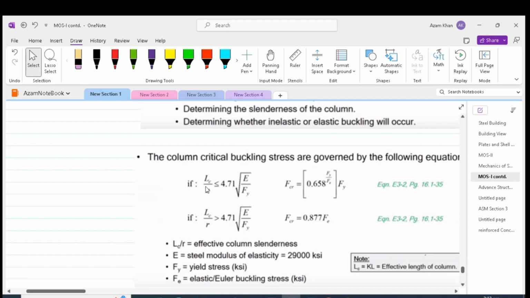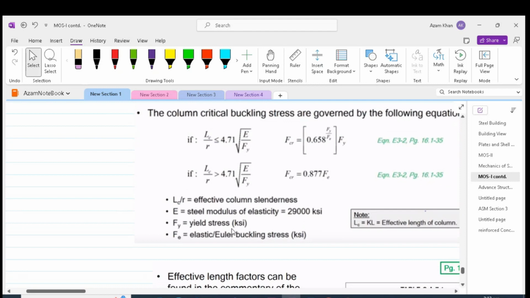If the slenderness ratio is less than 4.71 square root of E by Fy, where Fy is the yield stress in KSI, then we can use Fcr equal to 0.658 raised to the power Fy by Fe, everything in brackets, multiplied by Fy.